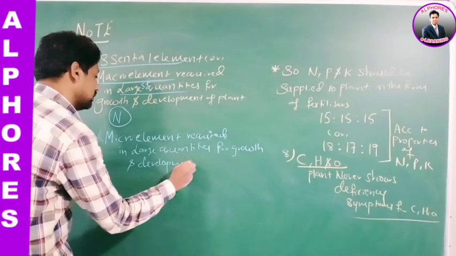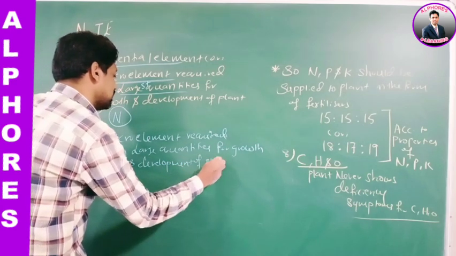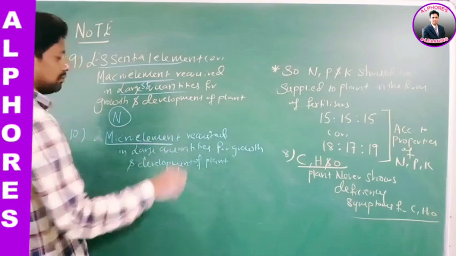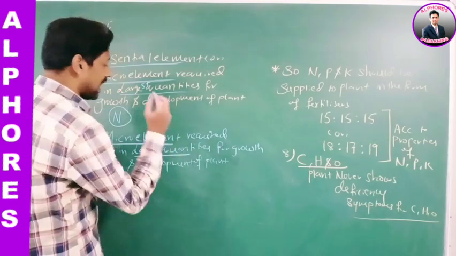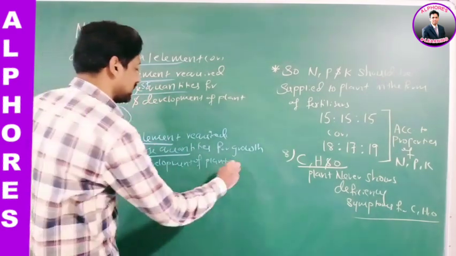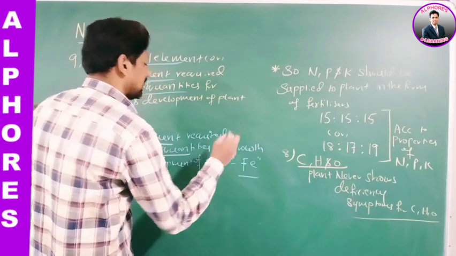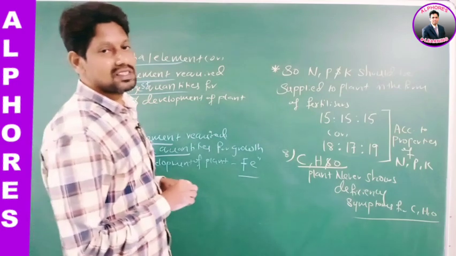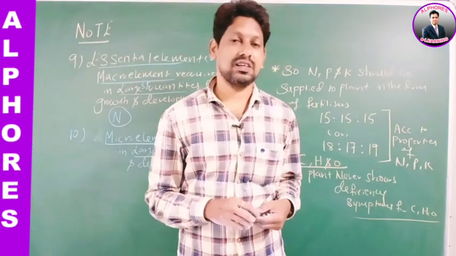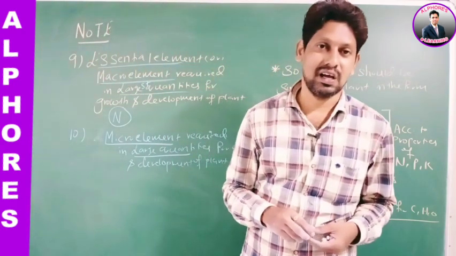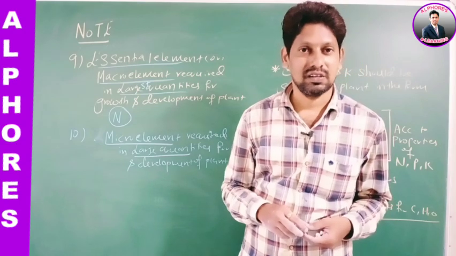Which micro element does a plant require in large quantities for growth and development? It's iron. Okay, these are some important statements concerned with hydroponics and essential elements, right? Thank you.